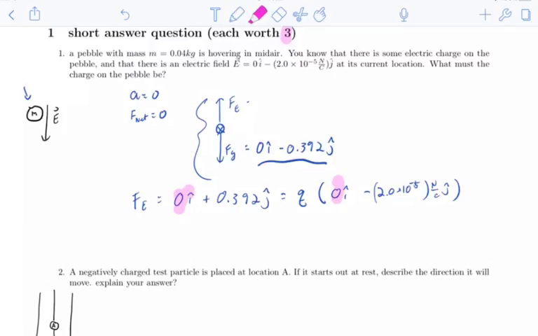This is equal to this times this. 0.392 is equal to 2q times 2.0 times 10 to the minus 5. And so q is equal to, just solve this algebraically, 0.392 divided by minus 2.0 e minus 5.